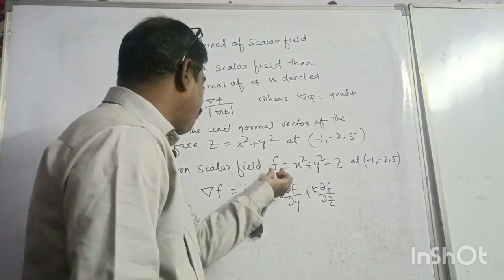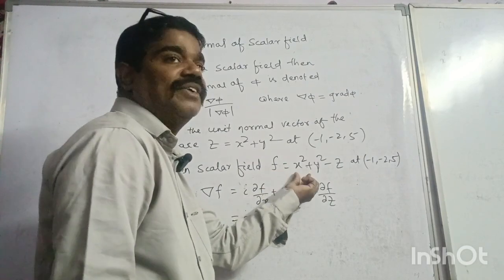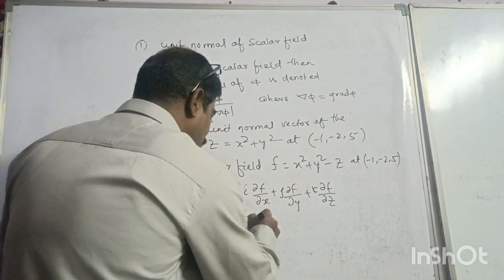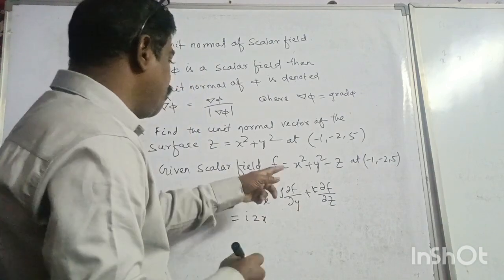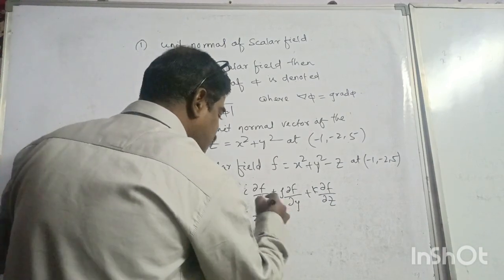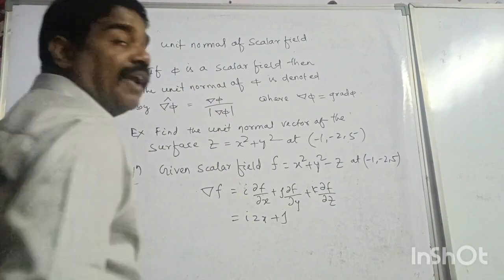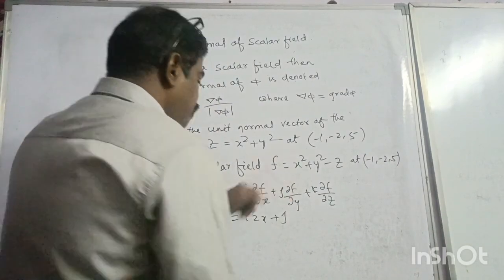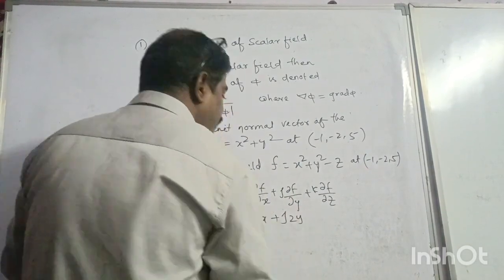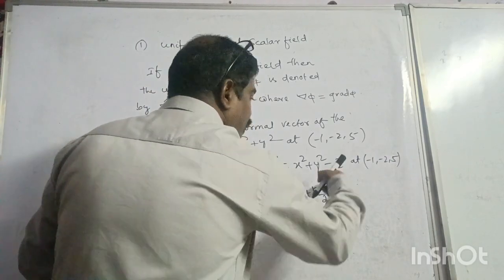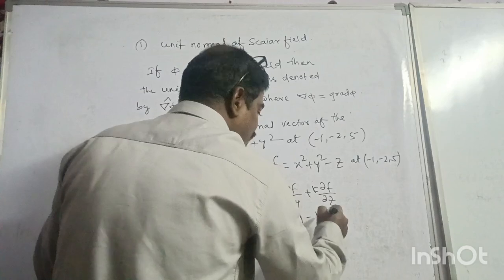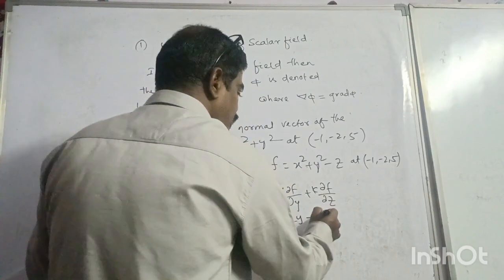So this is equal to i ∂f/∂x, partial derivative of f with respect to x. So what are we getting? 2x. This is i 2x plus j 2y. This is minus k, derivative of minus z is minus 1.